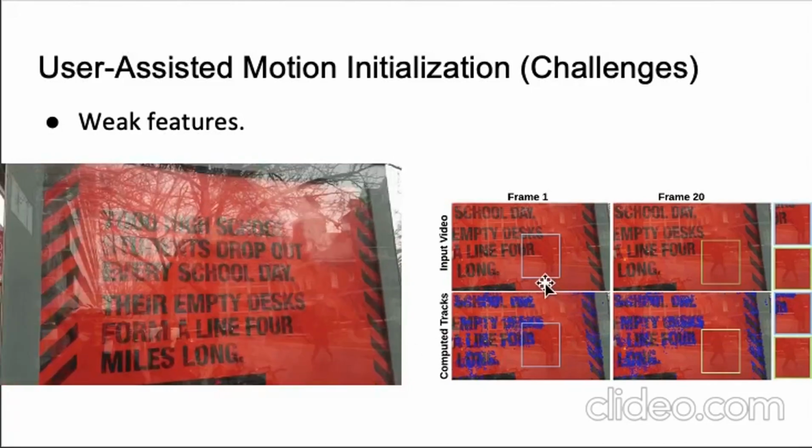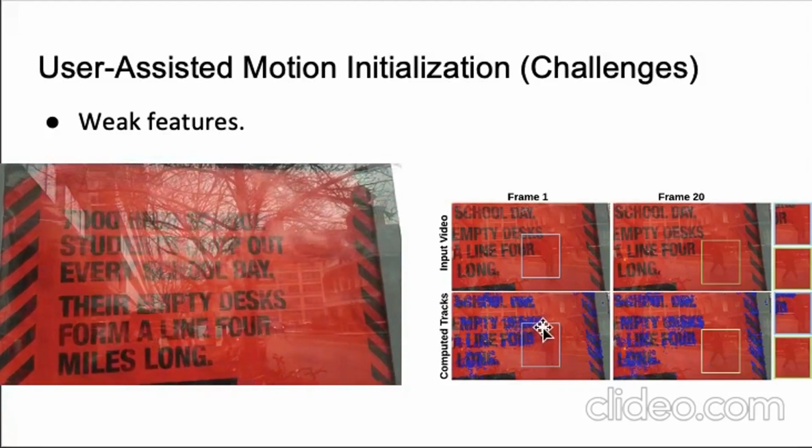For example, if we look at the video here, at frame 1 and frame 20, we find that the person in the background, shown in the blue and the green squares, doesn't have any tracks associated with him. That's because this person had low color information, so the tracker couldn't detect or track his motion.